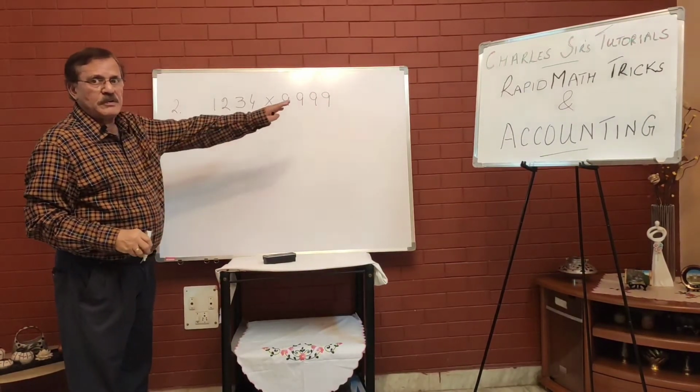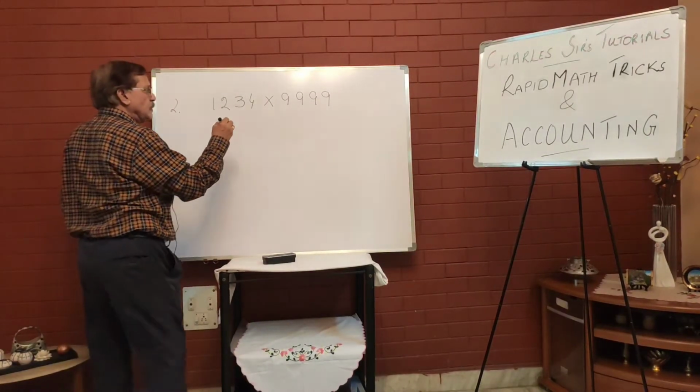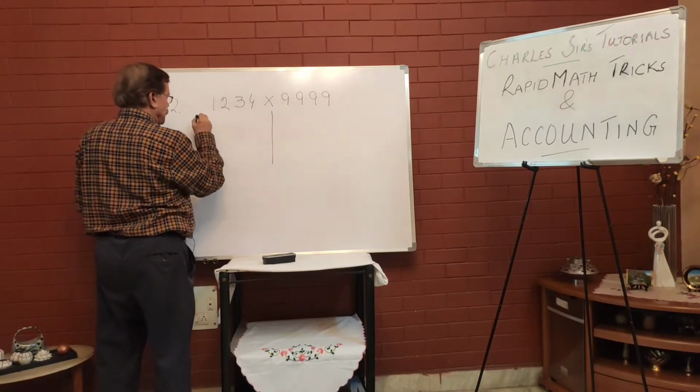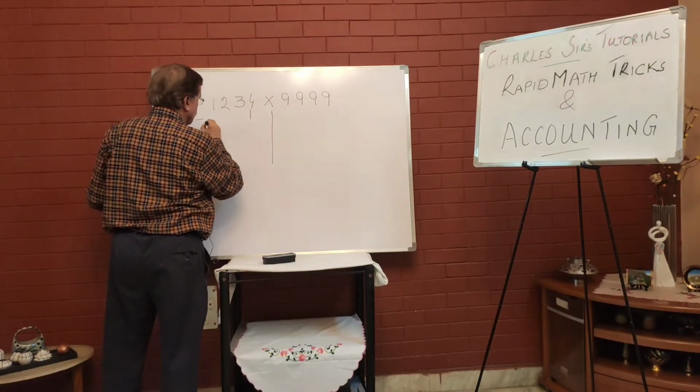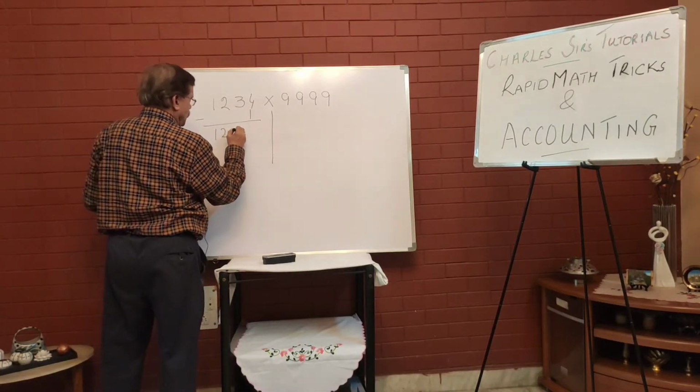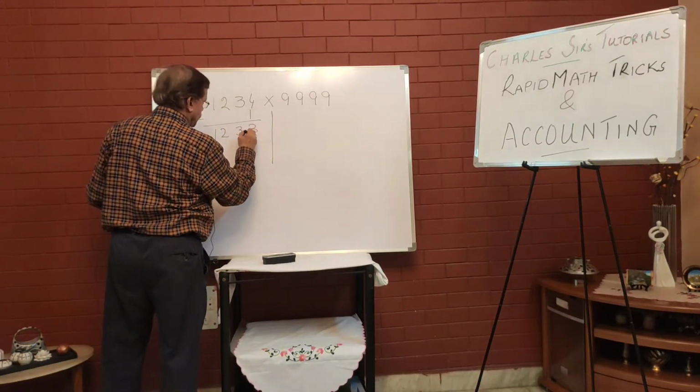Right? 4-digit here and 4-digit there. The same thing we are going to do. We'll make a partition, subtract 1. The answer left for the first part is 1, 2, 3, 3.